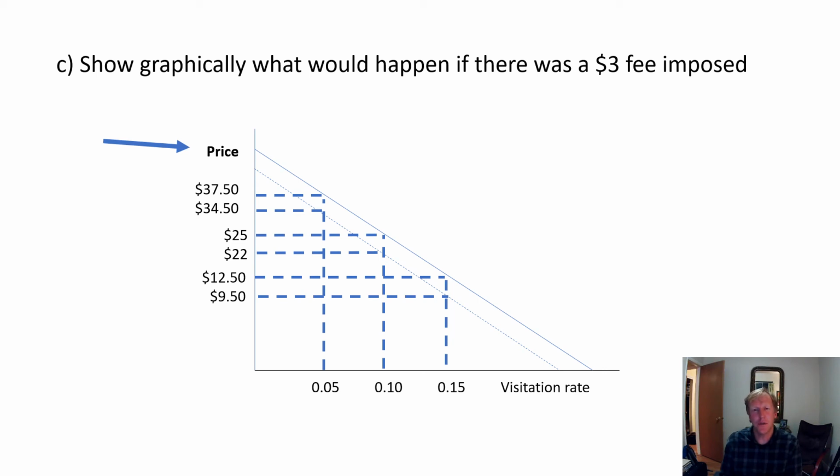Does that make sense? So if the travel cost is $9.50, the full cost of getting there, the travel cost plus the fee, the full price of getting there is $12.50. So the impact of raising a fee is to shift the demand curve down by the price of the fee.